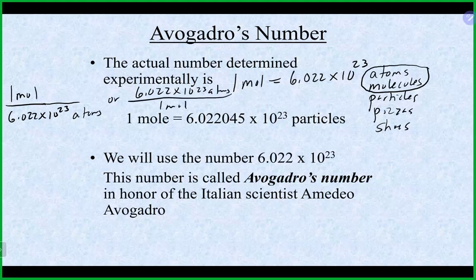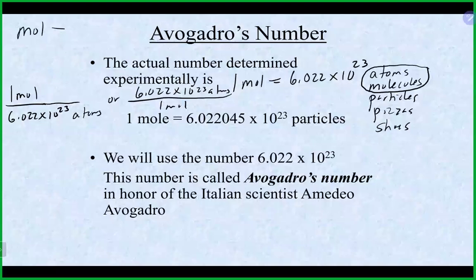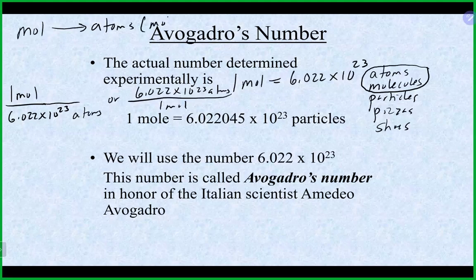This is our conversion factor to go from moles to atoms or molecules, usually, and backwards. So if you need to go from moles to atoms or moles to molecules, or if you're starting with atoms or molecules and need to go back to moles, Avogadro's number is your conversion factor.